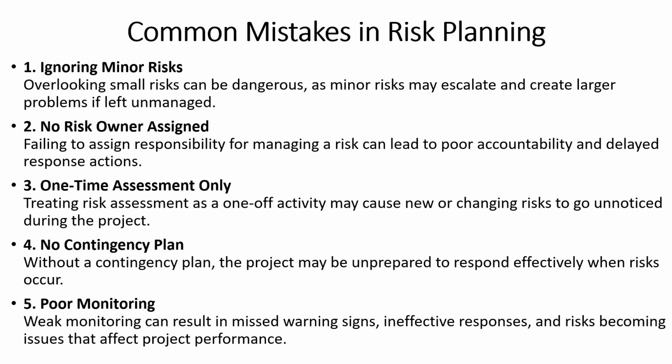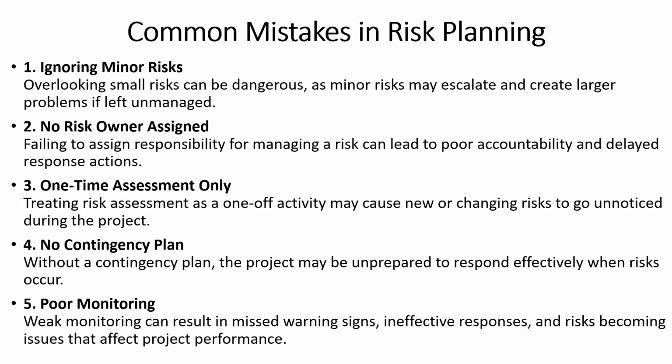The fourth mistake is having no contingency plan. If a risk occurs and there is no prepared response, the project may struggle to react effectively. Contingency planning is part of being prepared. And the fifth mistake is poor monitoring.